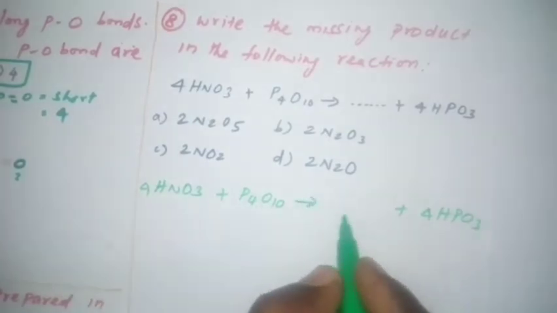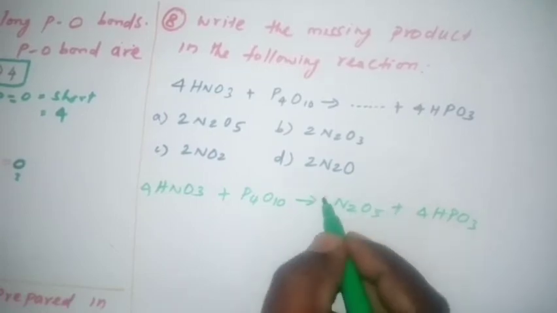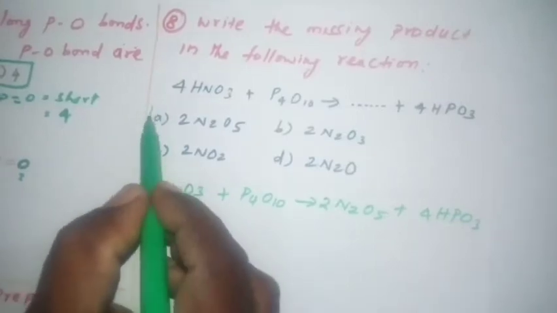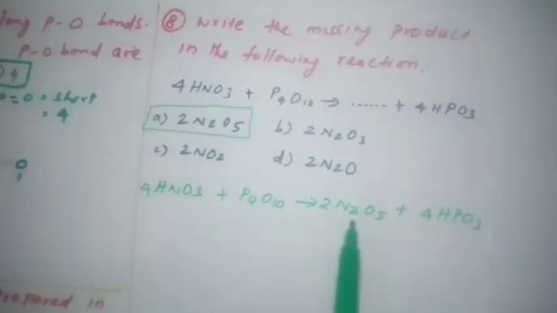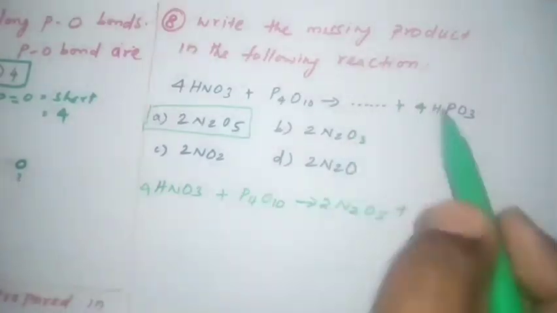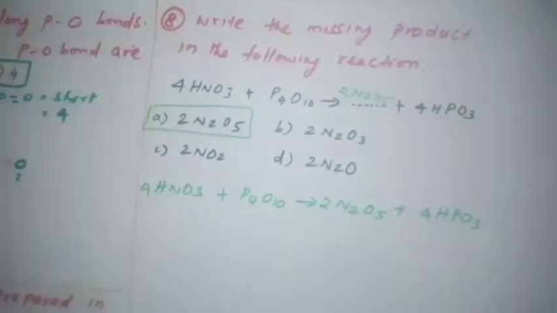So we will get that the product will be N2O5. So after balancing, put 2 here. Now you check that all the atoms will be balanced. So N2O5 is the right answer. Option A is the correct answer. Okay. So 4HNO3 plus P4O10 will give 2N2O5 plus 4HPO3. Clear?